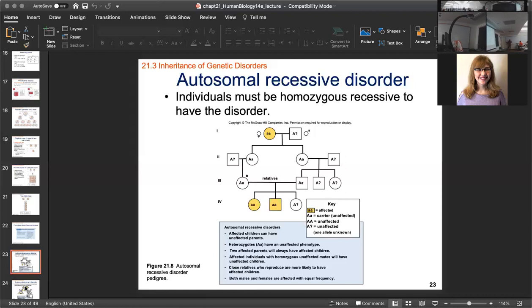Okay, and at each of these, it can either be passed down dominant or recessive. And same here. These are 4 patterns of inheritance.